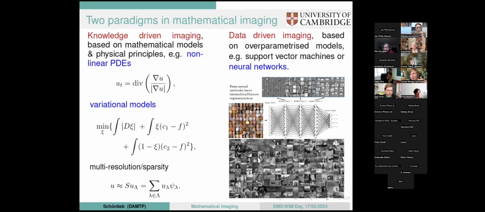And then the more data-driven paradigm says, well, actually, I have no idea, or I don't want to think about it, or I just don't want to get too much into understanding what this is all about. But I have a really large data set of examples of the kind of data that I'm measuring, and also of the kind of solutions that I want to compute. And then I'm starting with a fairly general model, yeah.